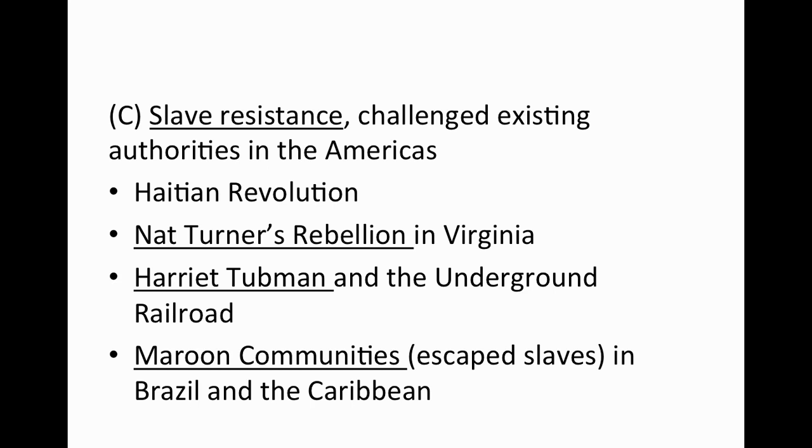That's resisting, maybe not violently, but she definitely resisted by transporting escaped slaves to the north, Canada. And then maroon communities. These were escaped slaves in the Caribbean who helped in the Haitian Revolution, right? They freed themselves in a sense, but they returned to liberate their brethren, right? So maroon communities.